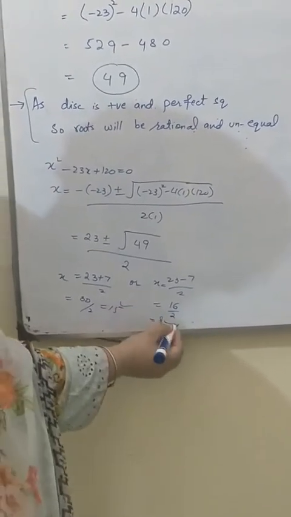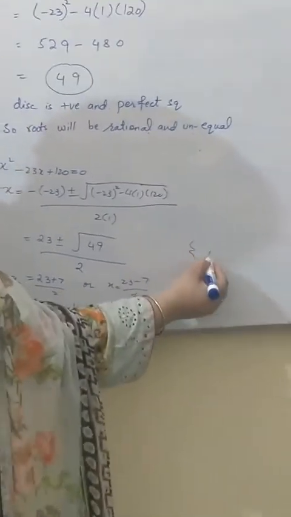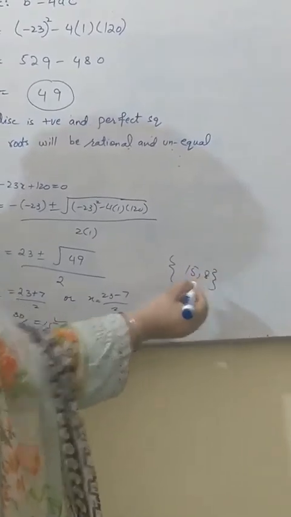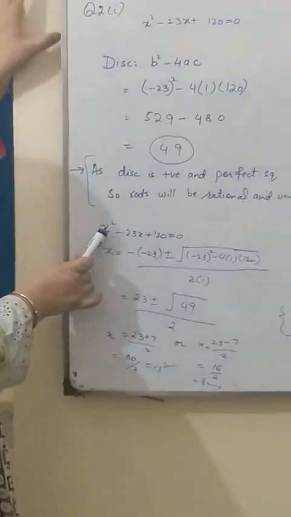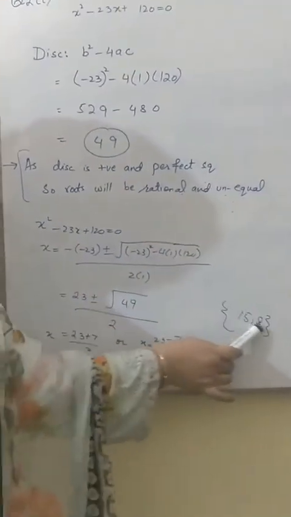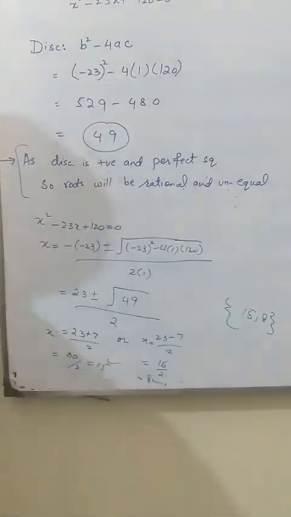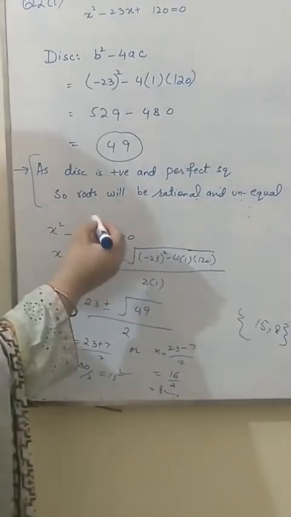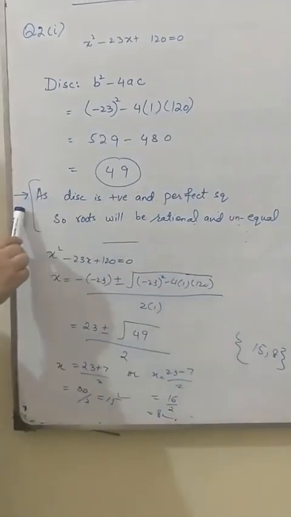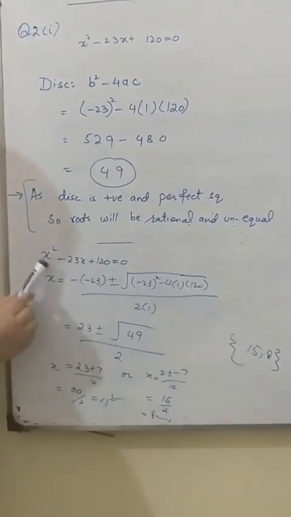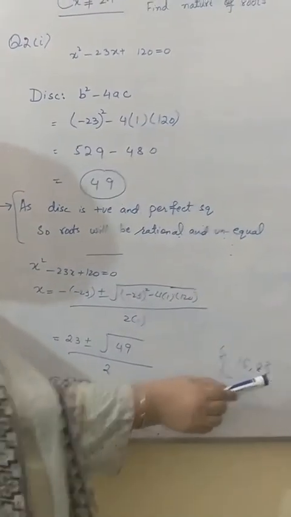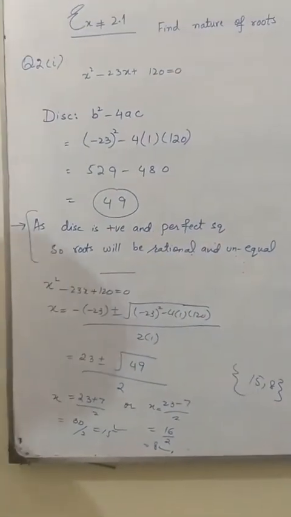So we have two roots, 15 and 8. You can see that when we have solved this equation, we have two roots, 15 and 8. They both are rational and unequal. So we have verified that we have written this statement correctly. The roots after the solution are 15 and 8. So you will write a statement.